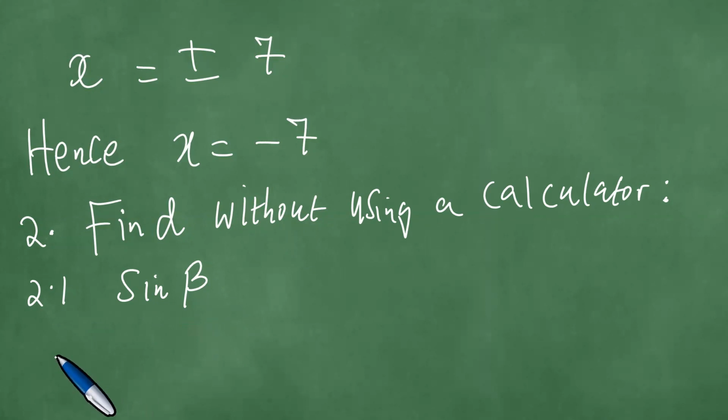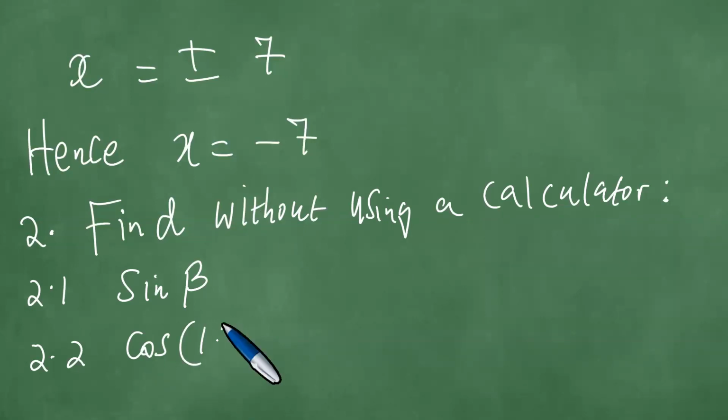And then we shall look at 2.2. We have the cosine of 180 degrees minus beta, like so. Okay?